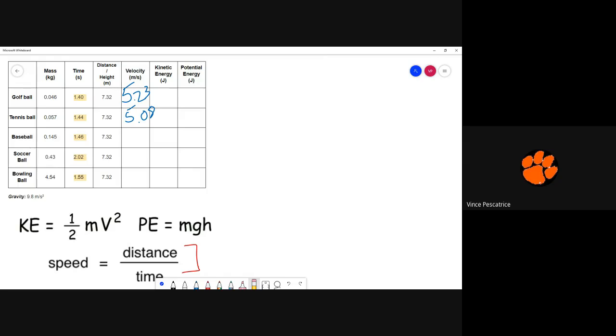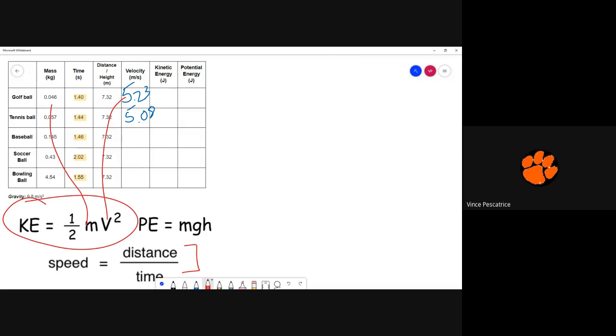Speaking of kinetic energy, I have the formula right here. The kinetic energy is equal to 1/2 the mass times velocity squared. You have the velocity here, and the mass is here. My bad. That's what you're going to plug into your formula.